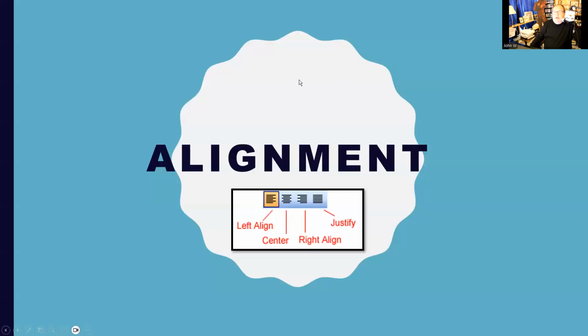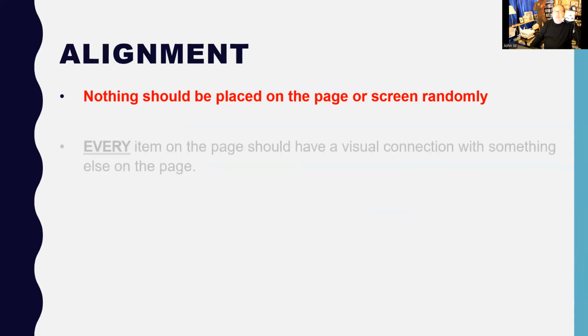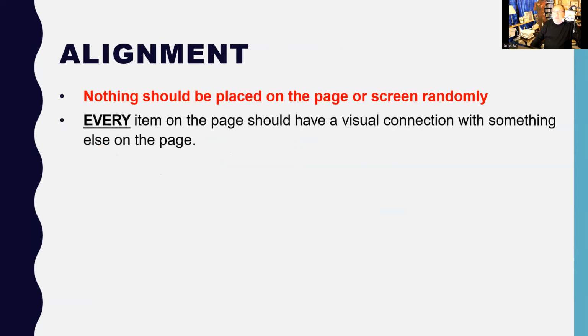Alignment. Remember that? We'll zoom through this because we talked a lot about alignment in an earlier unit. Nothing should be placed on a page or screen randomly unless you have a reason. Every item on the page should have a visual connection to something else on the page. Remember that graphic a few slides ago?